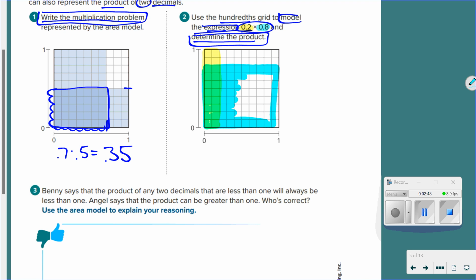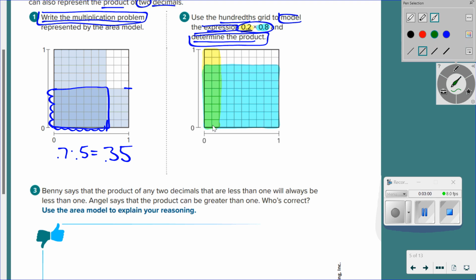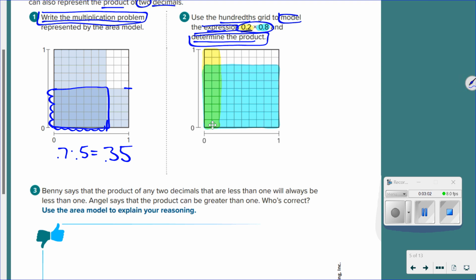And when we do this, especially with the nice colors, it should help make our answer pop, yes? What is our answer? How many of those have two colors? 16. So 2 tenths times 8 tenths is 16 hundredths, because now I'm up to 100 squares. I literally did the exact same thing.